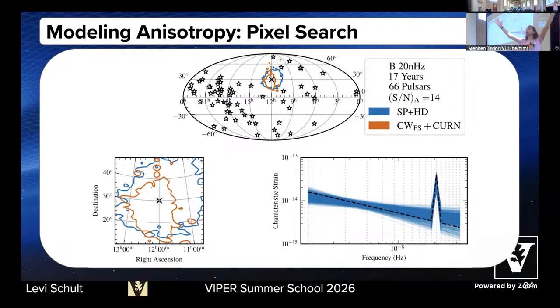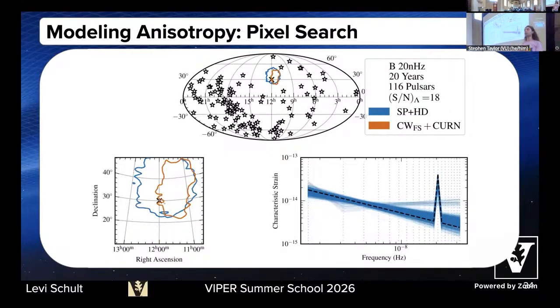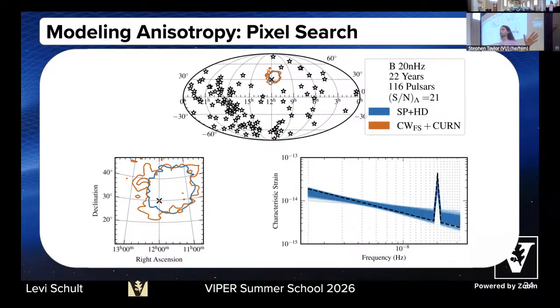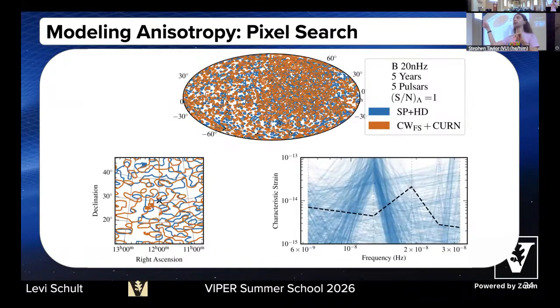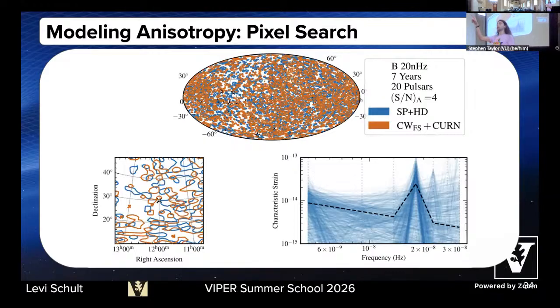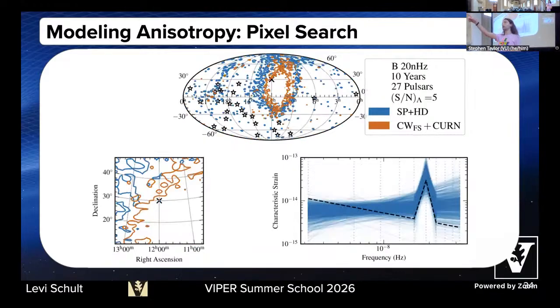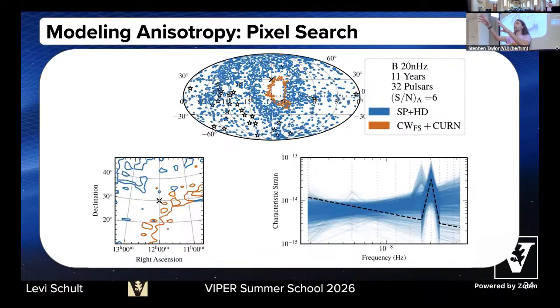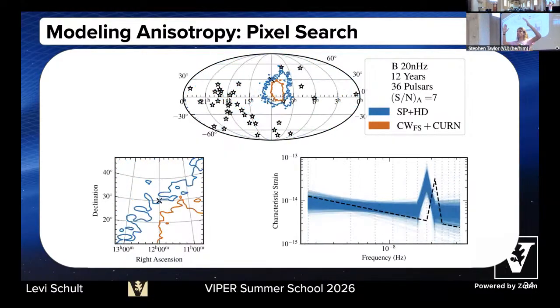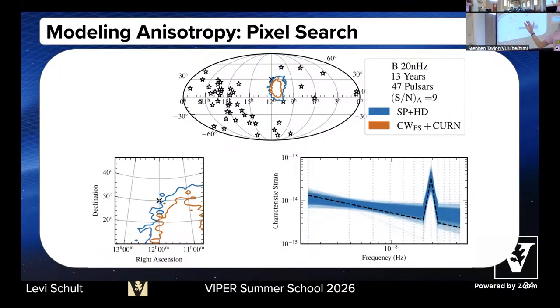So we give the data all of these pixels to look at, and then we say, what does the data support the most? The parameters are just the sky locations. So we say where gravitational wave power has more support from the data and where it has less, and the MCMC is letting us draw the posterior of the sky location of this anisotropy.